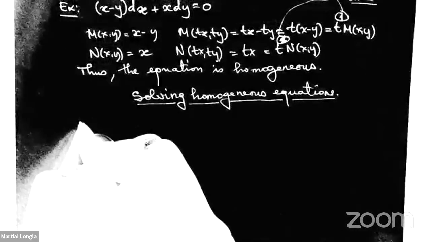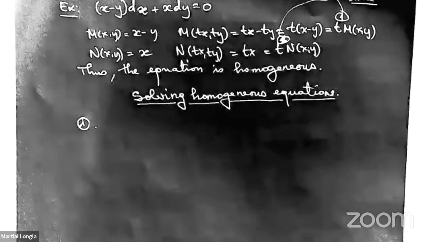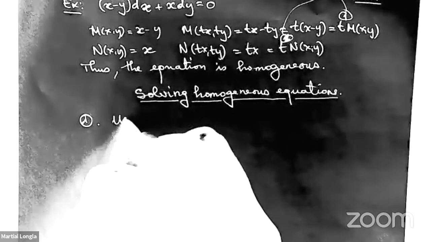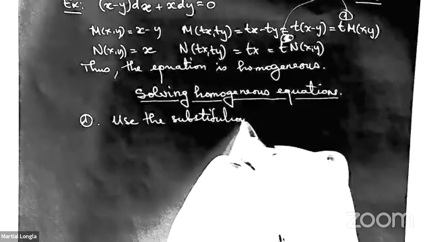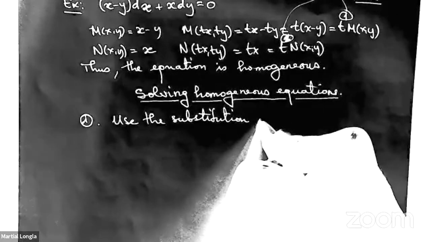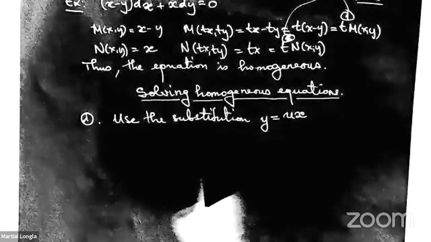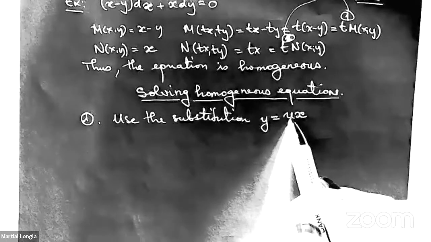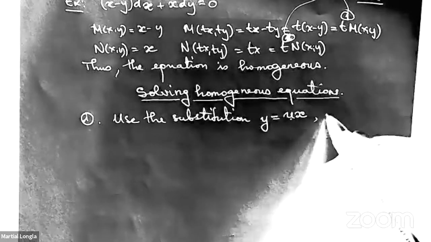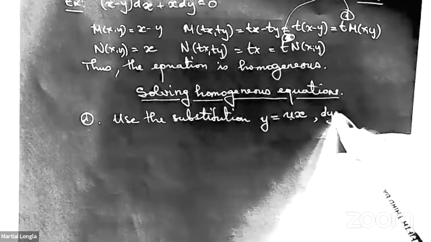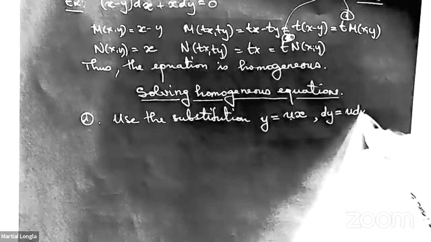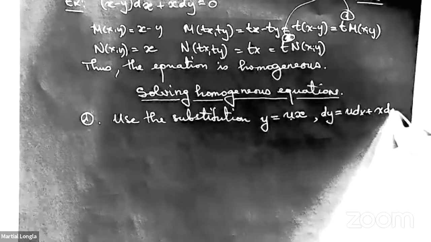So the first step is use the substitution y equals u times x, where u is considered a function of x, and therefore dy is u dx plus x du.